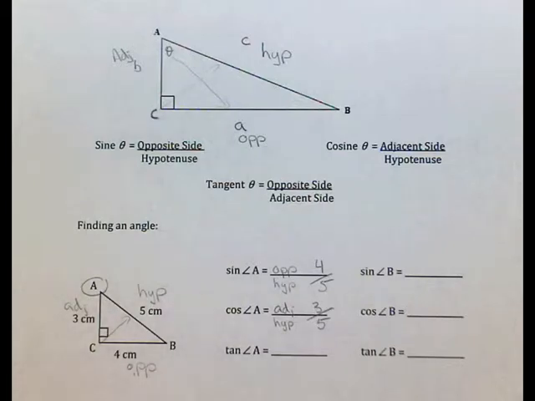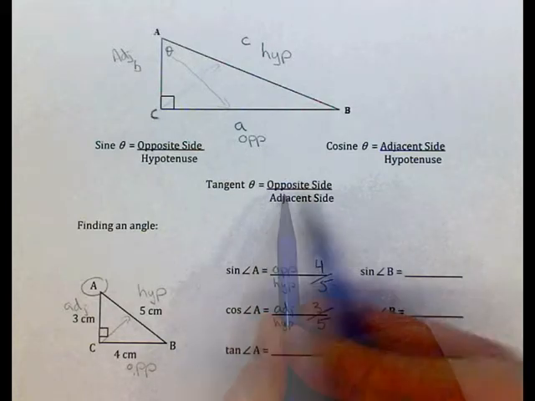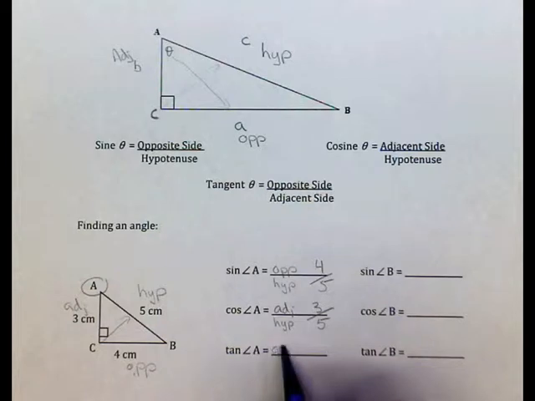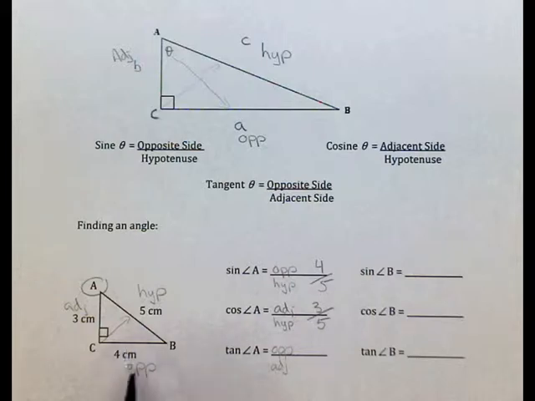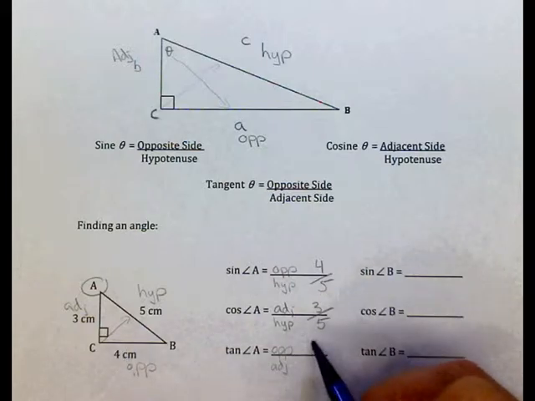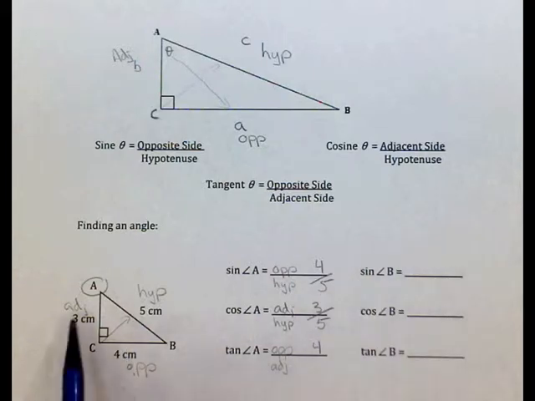Finally, let's do this with tan. Tan is opposite over adjacent. So my opposite from my diagram is 4, and my adjacent from the diagram is 3.